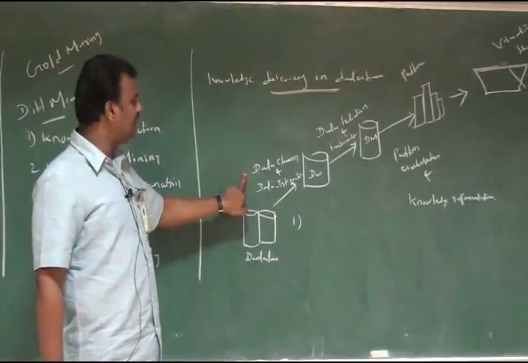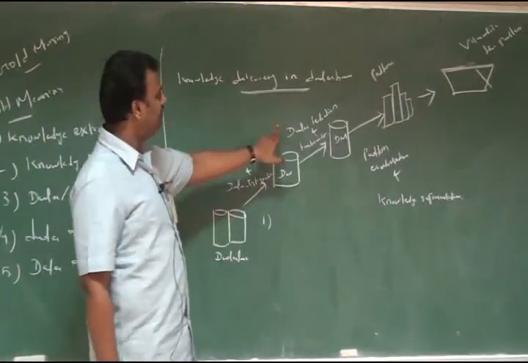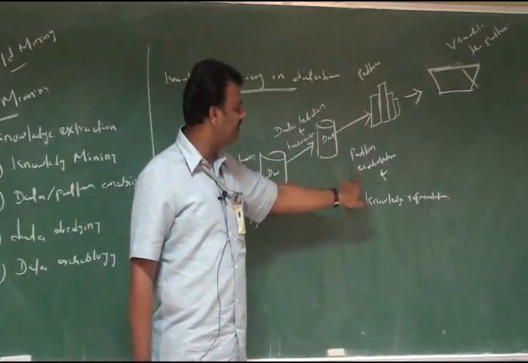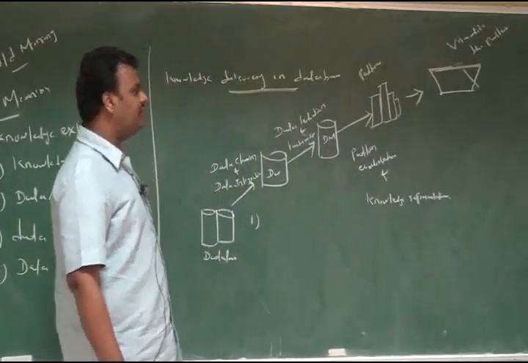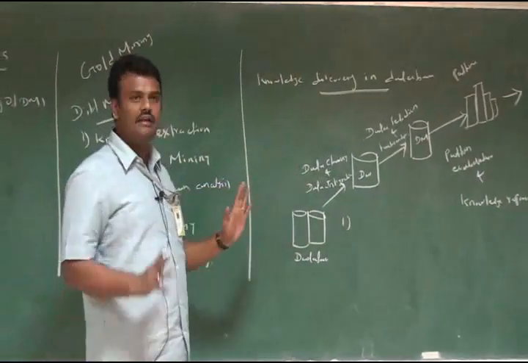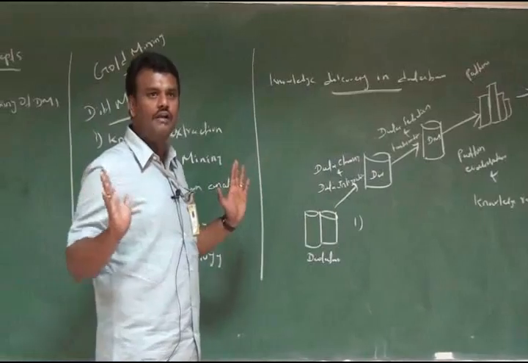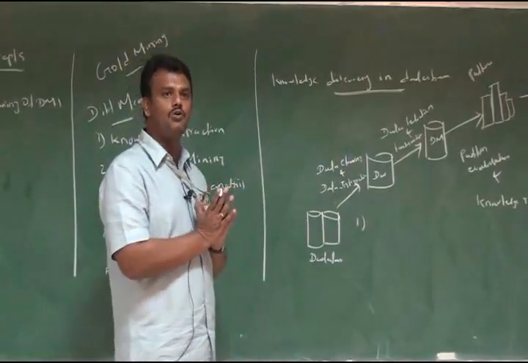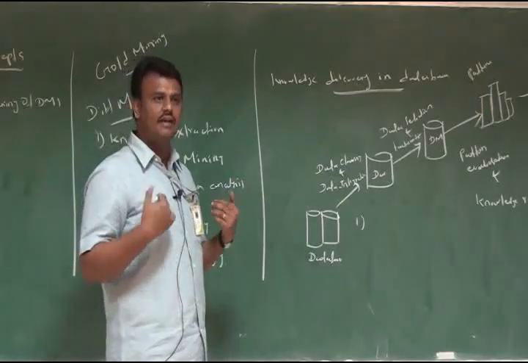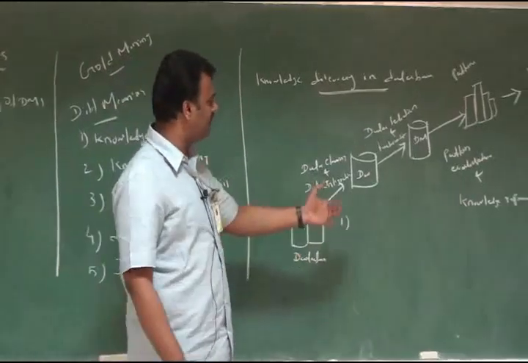The steps: data cleaning, data integration, data selection, data transformation, data mining, pattern evaluation, and the last one is the knowledge representation. First we are going to clean the data, then integrate the multiple sources, which may be the databases or the data warehouses or other information repository.